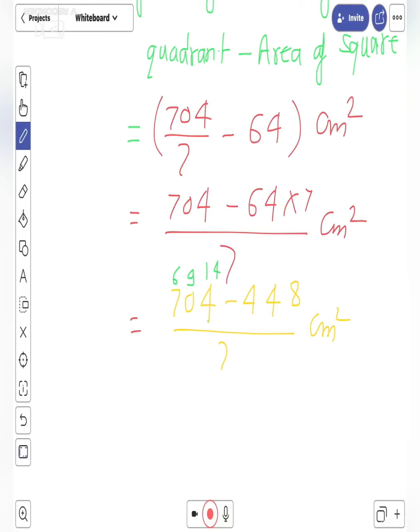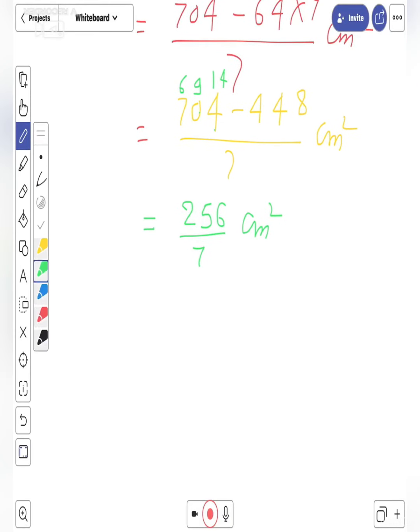So now you can subtract: 14 minus 8, that is 6. Okay, and 9 minus 4, this is 5, and 6 minus 4, this is 2, divided by 7 centimeter square.